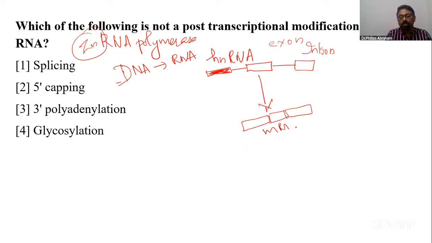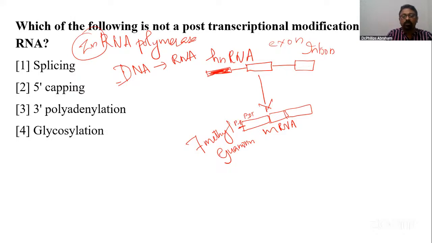In this process, what all happens? At the 5' end, we attach a cap, 7-methyl guanosine. Usually between nucleotides we have a phosphodiester bond, but here alone, a triphosphate bond.